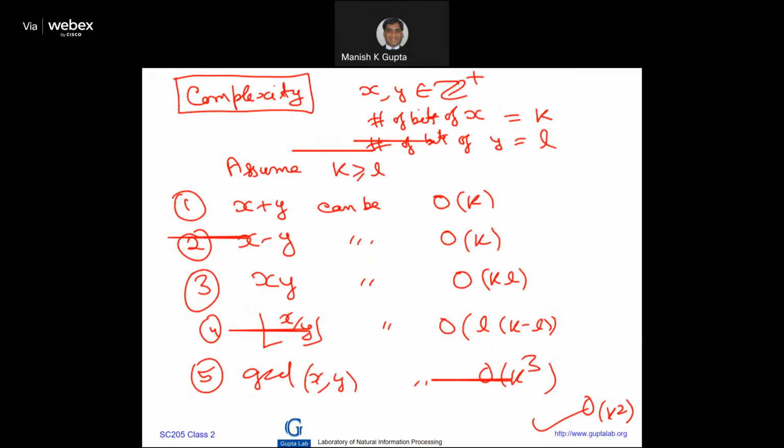A function f, assuming f and g are positive functions, is big O of g if mod of f of x is less than or equal to k times mod of g of x, where k is known as the Borel constant. If you recall, this is big O notation.